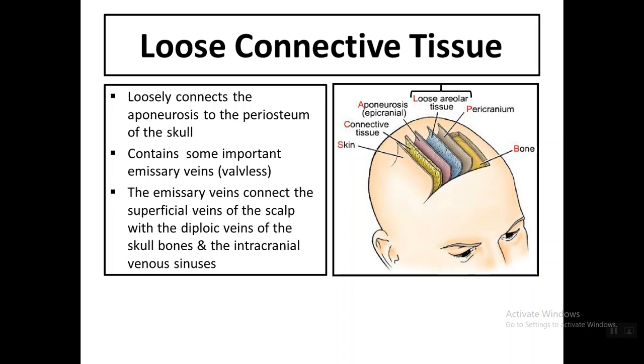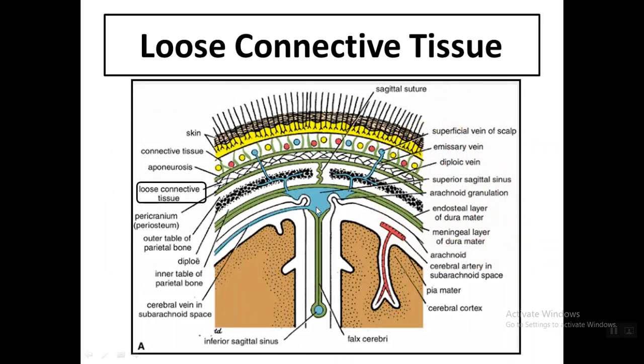Therefore, these emissary veins in this layer connect the superficial veins of the scalp with the diploic vein in the skull bone and with the intracranial venous sinuses. So they connect the extracranial veins with the intracranial veins. How? Through this cross section or coronal section. Here we see the loose connective tissue layer.